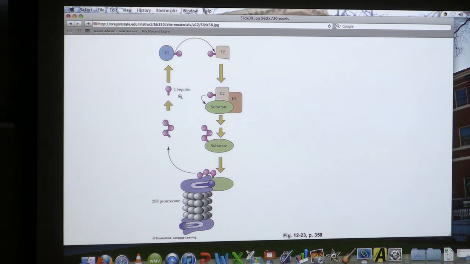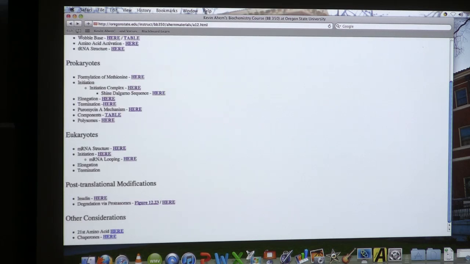Everybody's squinting. Ubiquitin. The reason it got its name was that when people first discovered it, they found it everywhere. Somebody said it's ubiquitous, the name stuck, and that's why it got called ubiquitin. And there's a lot of ubiquitin inside of cells.